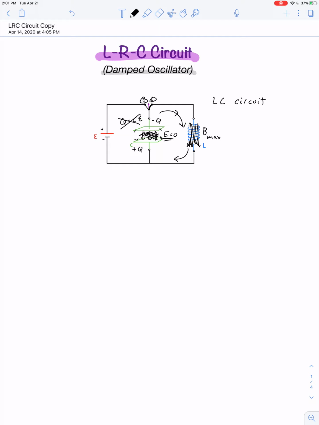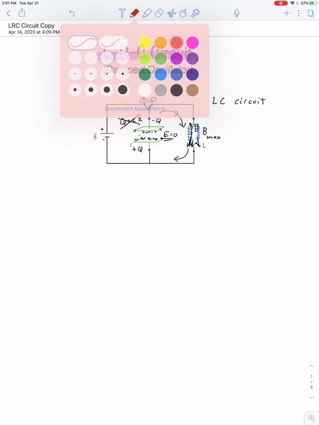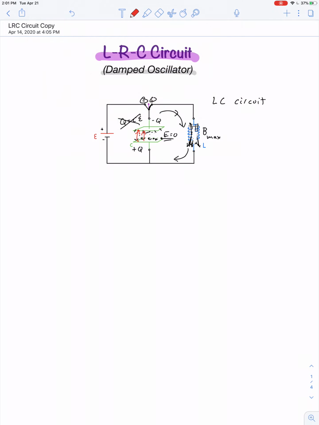And next thing you know, the magnetic field has all disappeared, and the electric field returns to the capacitor, but in the opposite direction. So not only is magnetic field and electric field oscillating, but so is charge on the plates and the current in the circuit and the energies in both of the devices.